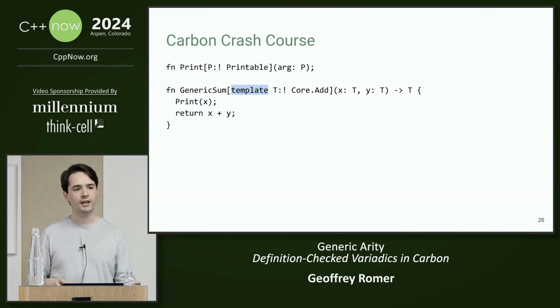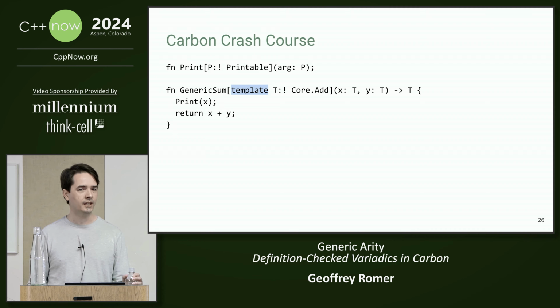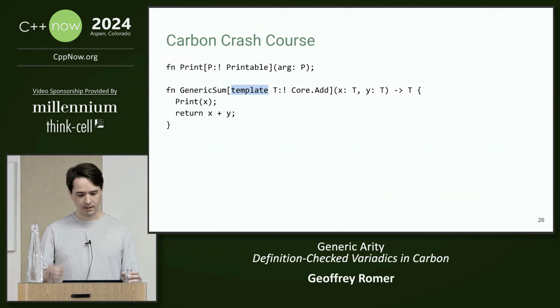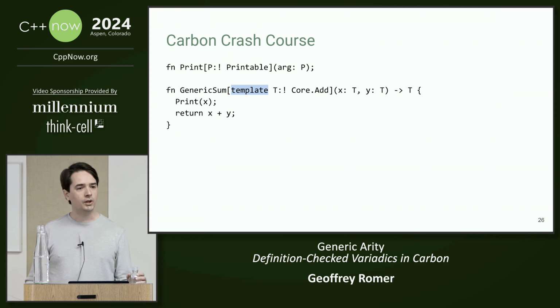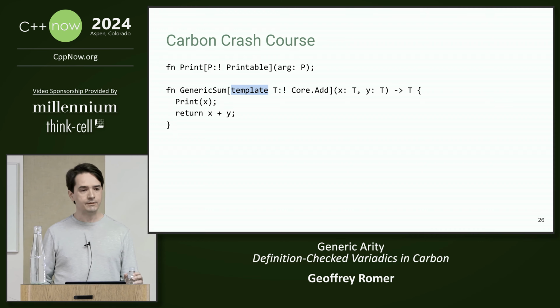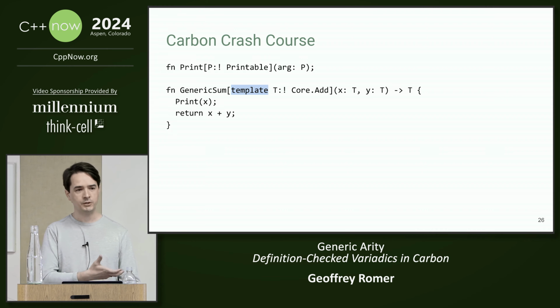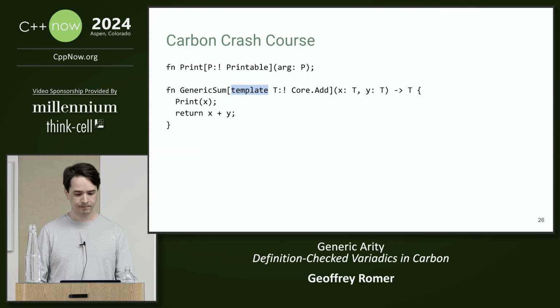The idea is we can't check anything that's dependent on a template binding, but anything that's not dependent, we can check immediately, and we do. All right. And so if anything's a template, then it's all late checked. Right. And you should be able to do all that even if your callers are still in C++, because the interop layer should be able to expose this in C++ as a template.